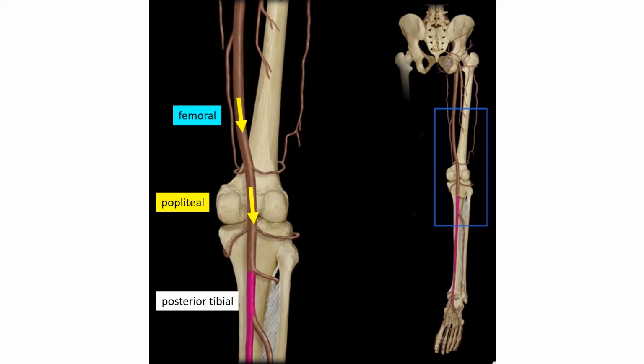Near the upper end of the tibia, there is a fibrous membrane connecting the fibula and the tibia. There is a hole in it, and into this hole a branch coming from the popliteal goes to the anterior compartment of the leg, and it is called the anterior tibial.